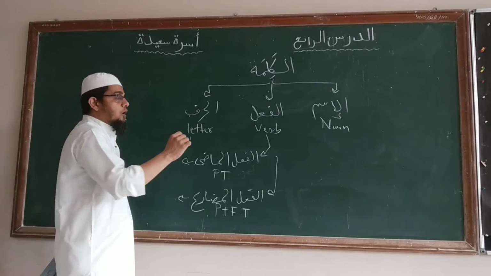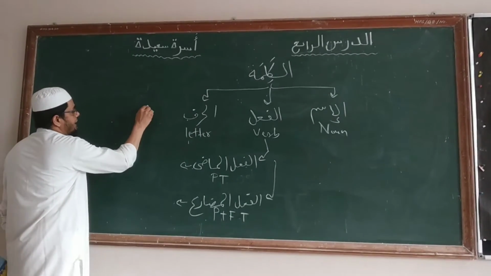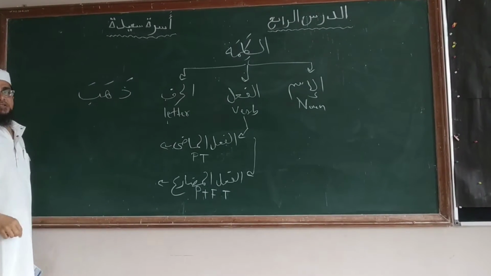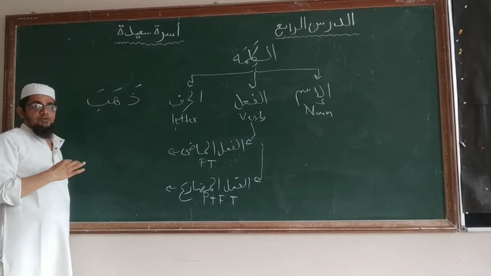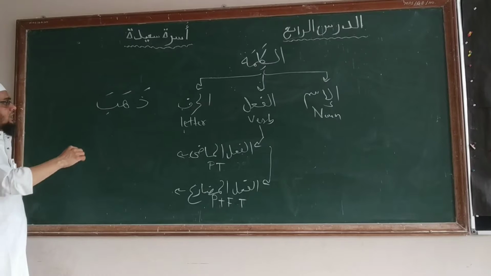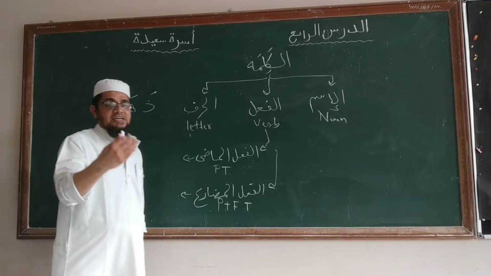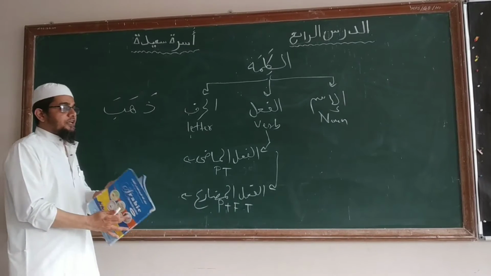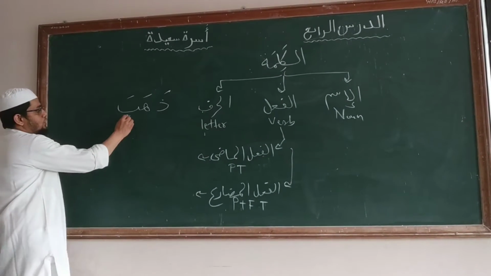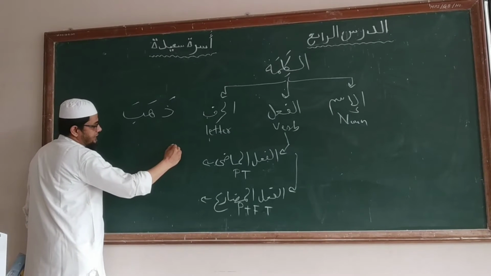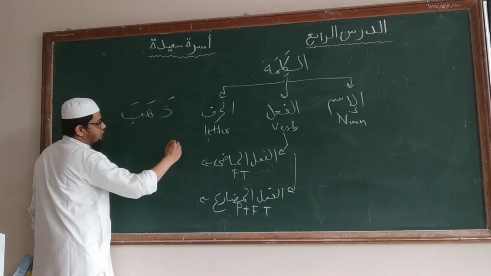Okay. But now how to make fi'l mudhari? You already know about fi'l madhi, so I am taking one example. Zahaba. These 3 letters are for fi'l madhi, means he went. Now, if you want to make fi'l mudhari, which you are going to learn in this lesson, first of all you will learn 4 letters of mudhari.